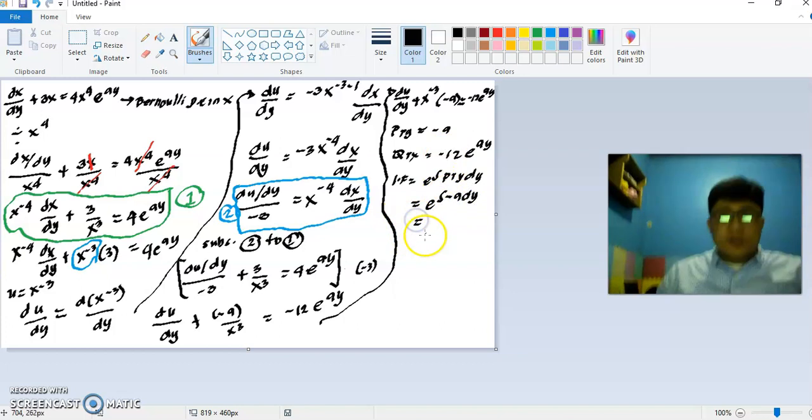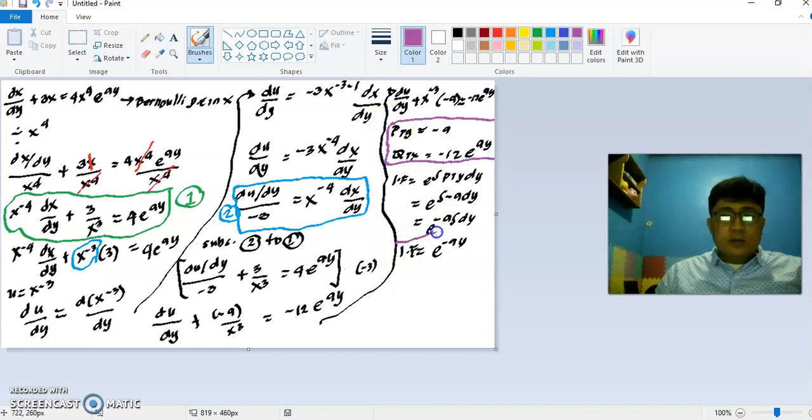Now we will solve this one. So e raised to the power of negative 9 moved outside dy. So therefore you have e^(-9) times the integral of dy, that is y. So we have an integrating factor which has the value of this.